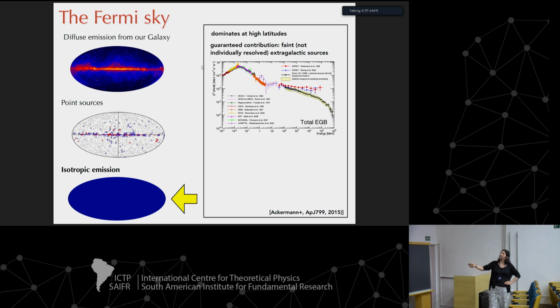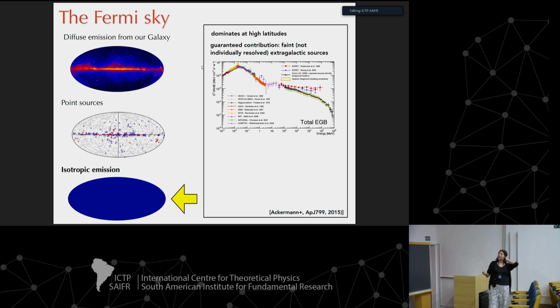And this is other telescopes, because this isotropic emission is observed also in much lower wavelengths. One comment here is that this can be measured basically only thanks to the fact that Fermi does not have huge cosmic ray backgrounds. Because, as you remember, these cosmic ray backgrounds are isotropic. And so the fact that you can measure this emission depends critically on how much you can remove cosmic ray backgrounds.